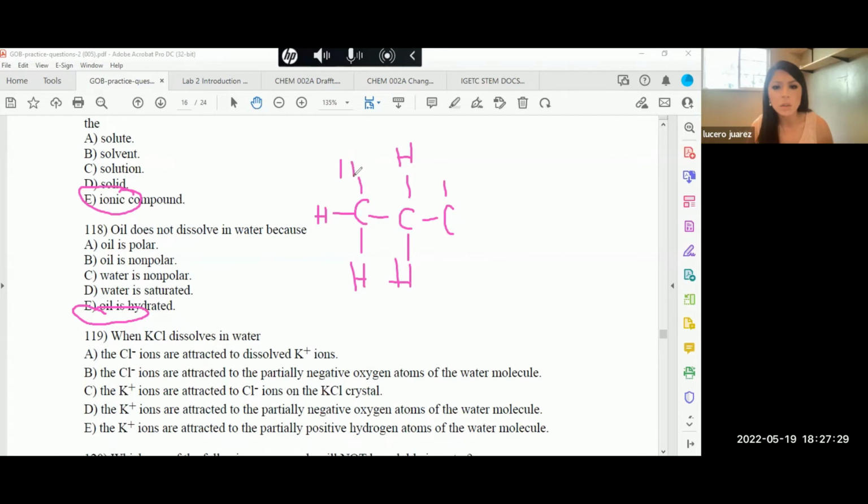Non-polar. That's correct. And we know that water is polar. So water and oil don't interact with each other because one is polar and one is non-polar. Water likes stuff that's polar. Oil only likes stuff that's non-polar. If it's non-polar and non-polar, they'll dissolve in each other. If it's polar and polar, it'll dissolve. If it's polar and non-polar, it won't dissolve. You'll always get the separation. Okay, got it.